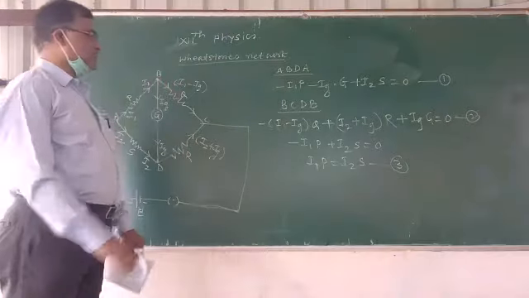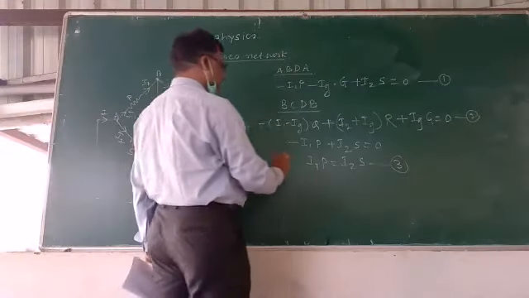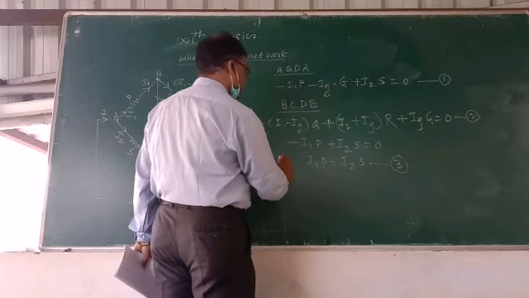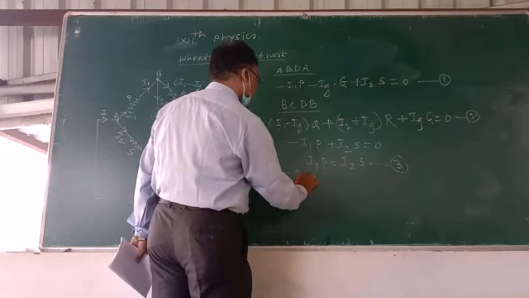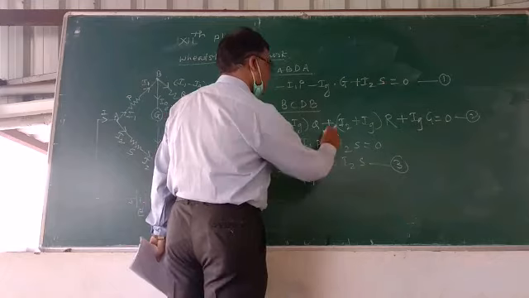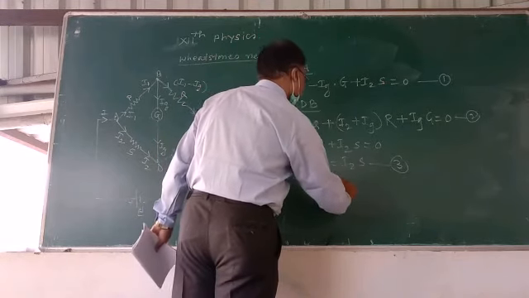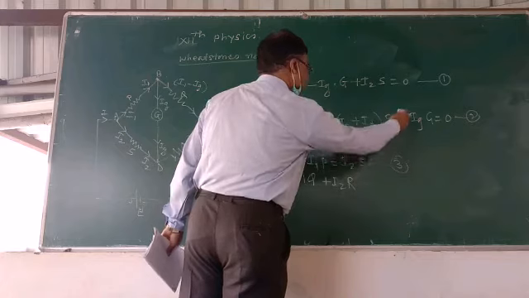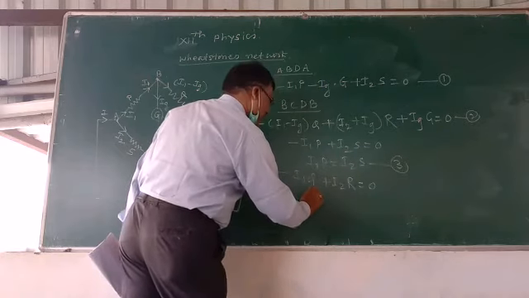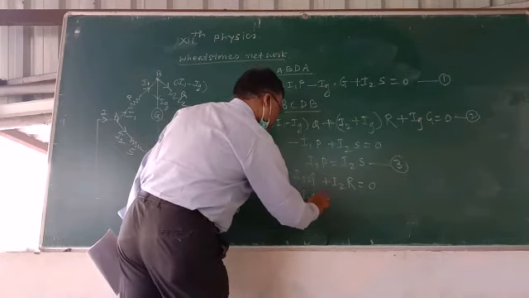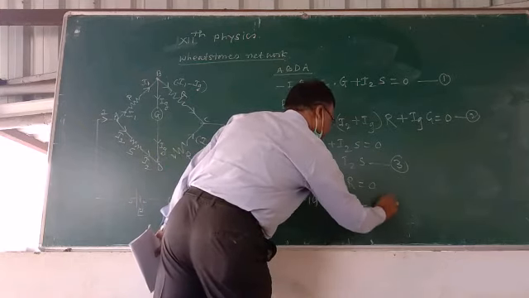Similarly, applying the condition that the current through the galvanometer is 0 on the second equation, Ig equal to 0, we get minus I1Q plus I2R equal to 0. Therefore I1Q is equal to I2R, equation number 4.